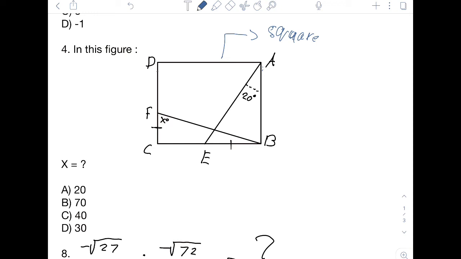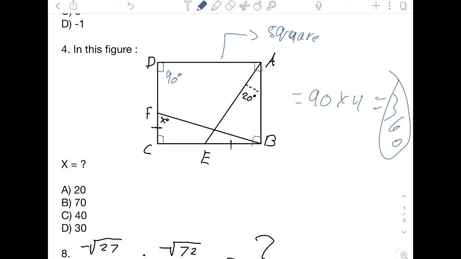We know that squares have right angles on all their corners, because these are equal to 90. Each single one of them is 90 degrees, and multiplied by 4, that is 360, which is a rule for squares. So we're just writing down what we know.